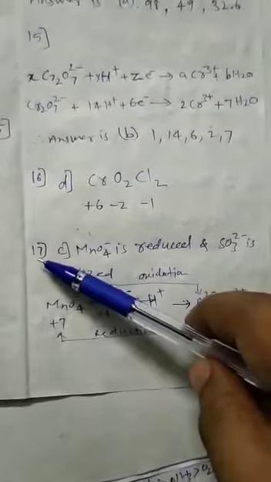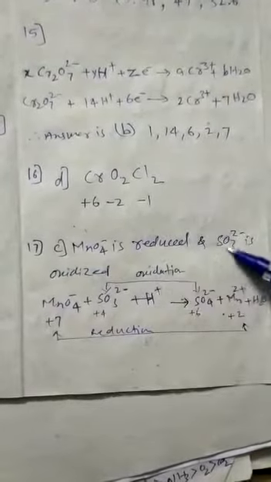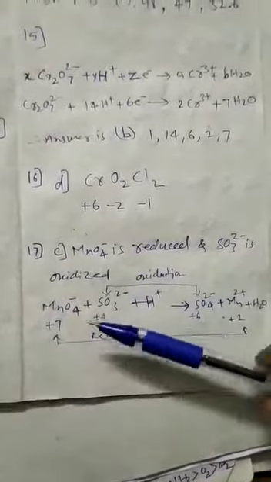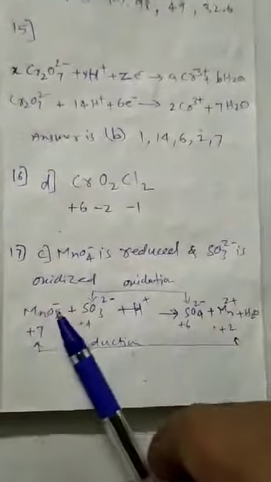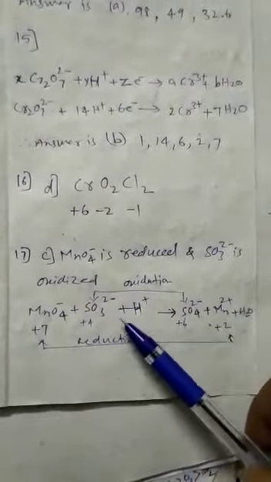Now question number 17. So the answer is MnO4- is reduced and SO3 2- is oxidized. So check this by writing the equation MnO4- plus SO3 2- plus H+.